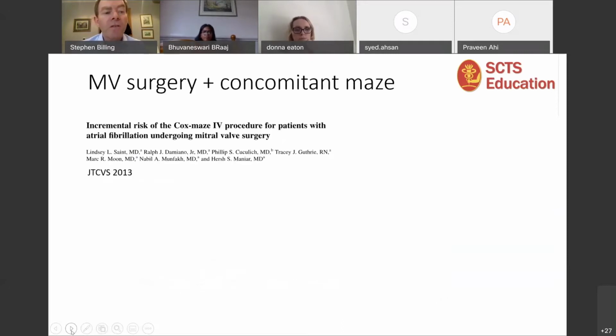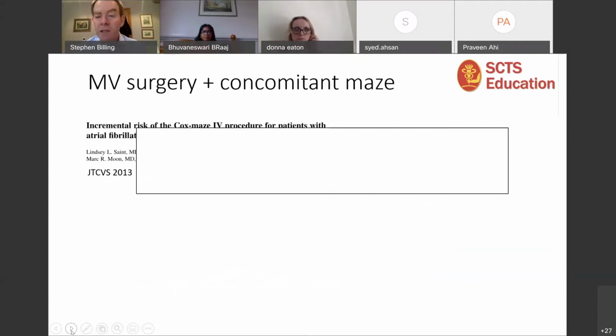The majority of maze procedures will be performed concomitant with mitral valve surgery. And here's some of the evidence we have from such that. So from Damiano's group, this is a very prominent AF ablating group. They looked at predicted versus actual mortality.